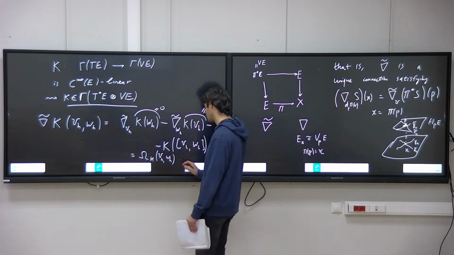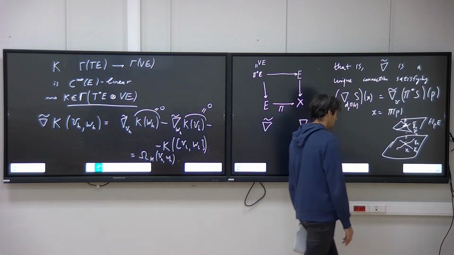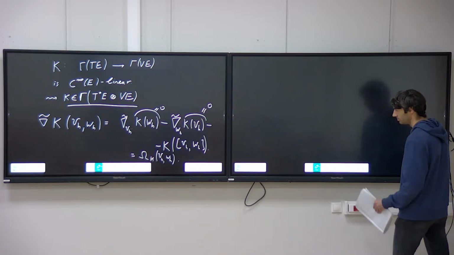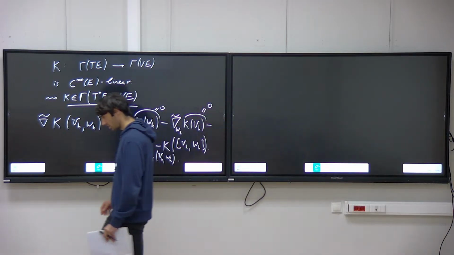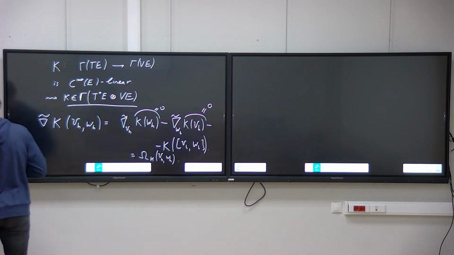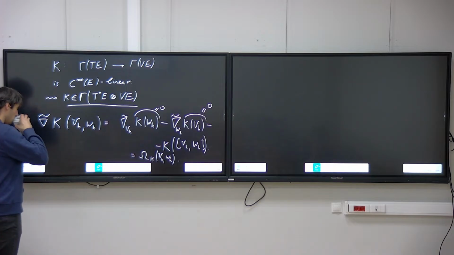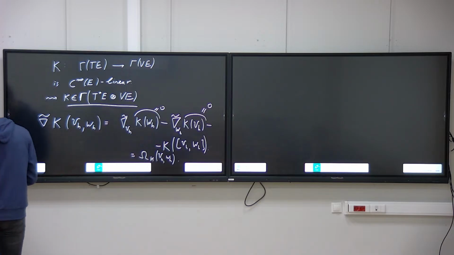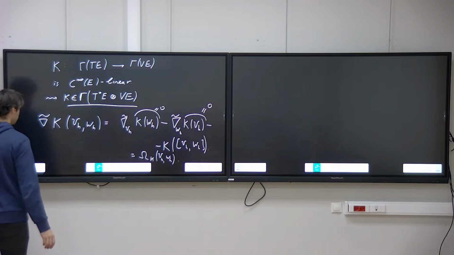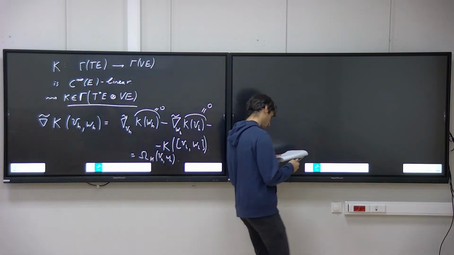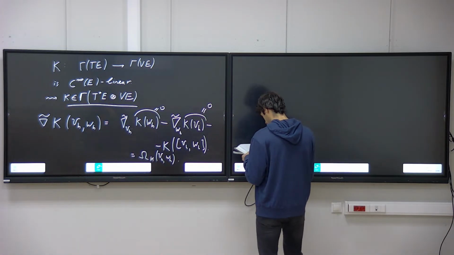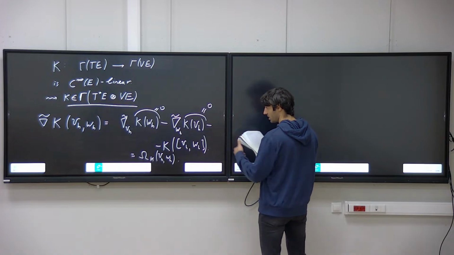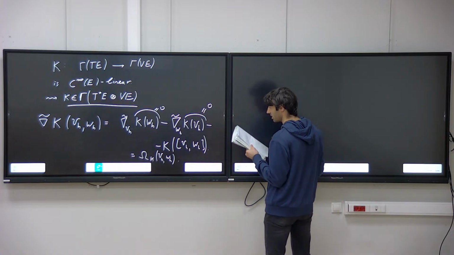All right. So now, what about the left-hand side? We need these guys, but we need to evaluate it at s of x.